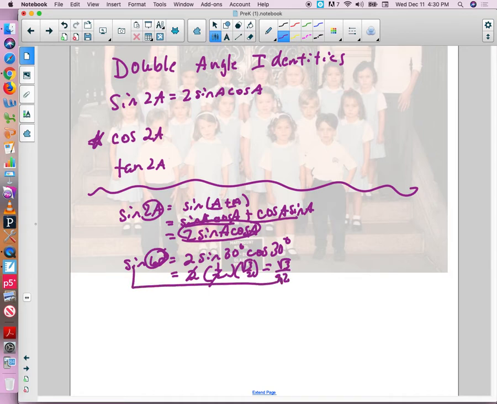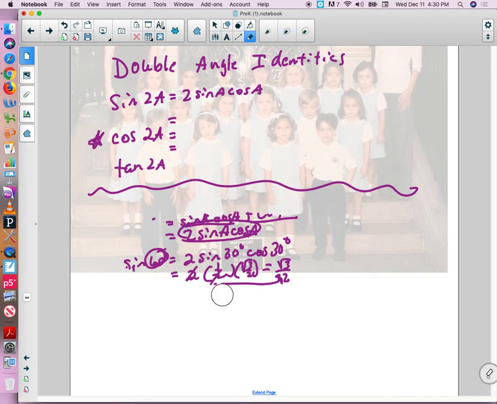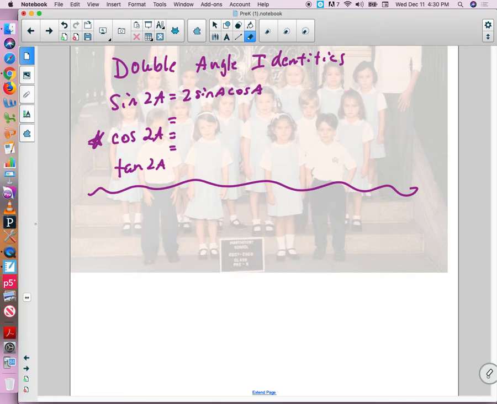All right, now to derive cosine 2A, we're going to have three formulas for cosine 2A. The first one we actually don't use very much, and the other two are really important.